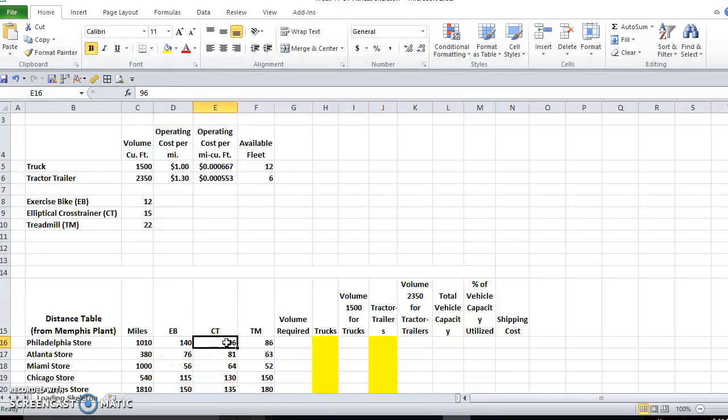For our circuit trainers or cross trainers, we've got 96 square feet, and the treadmills, we've got 86. And we have to set up each one of these in order to calculate for Solver the important information and in the end get what's called the optimal production function. Again, that's a couple of weeks away, but the real key for this week is to develop this spreadsheet.